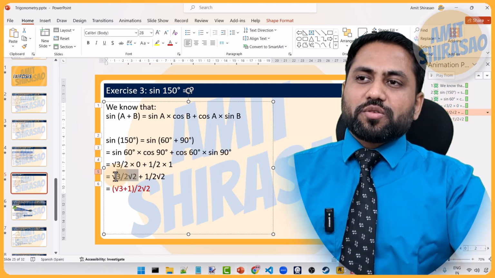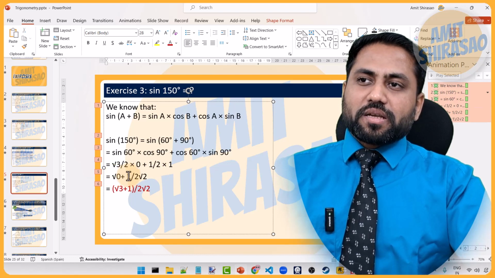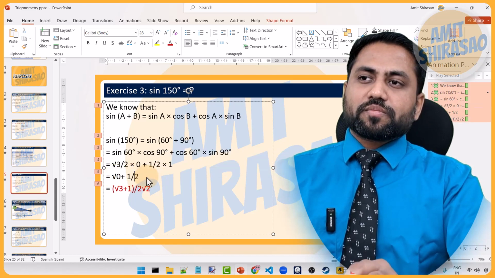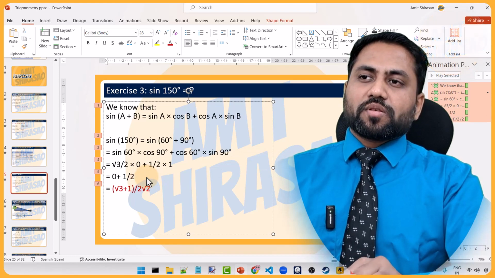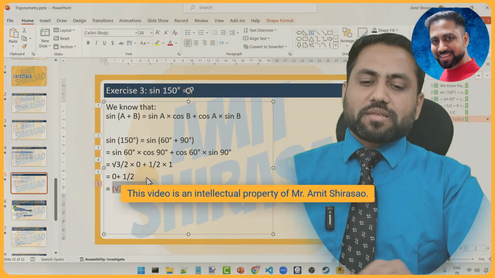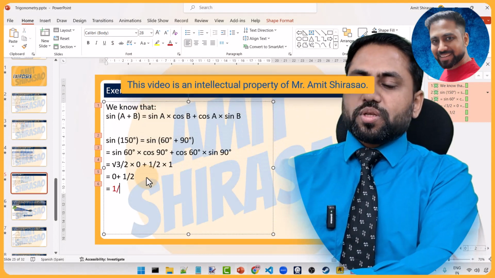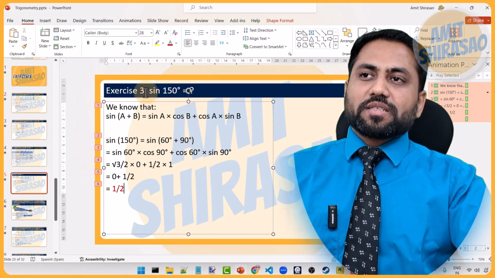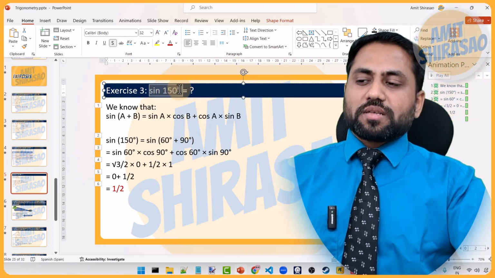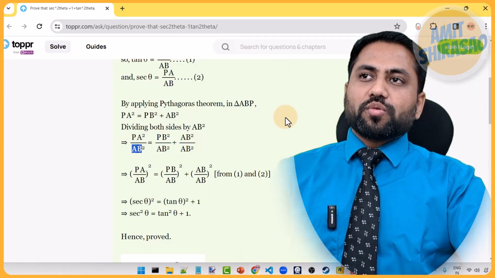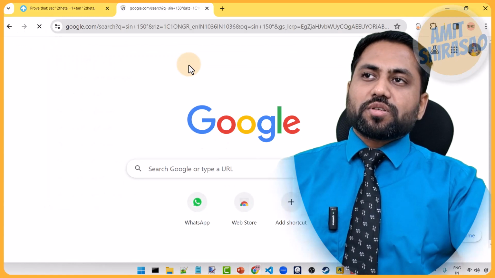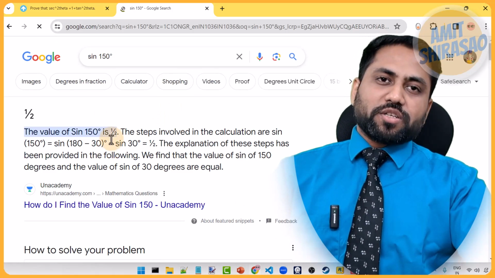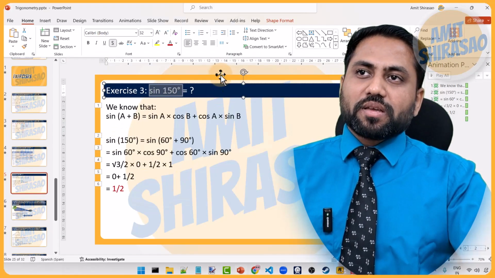So this will evaluate to 0, and this will evaluate to 1 by 2. So the final answer is 1 by 2. Let us just check whether the answer is correct or not. You can always go to Google and search what is the answer. It is 1 by 2. So we are right.